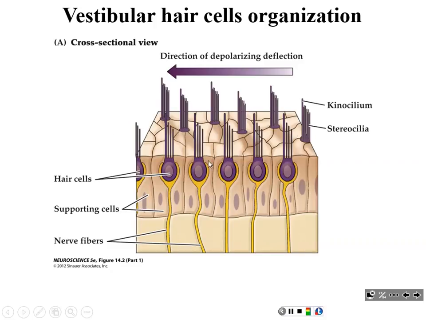Here is the structure. This is a cross-sectional sagittal view where you can see the hair cells with the stereocilia and the kinocilium, all of them oriented in one way, and all of them innervated by afferent cells. Surrounding them, we have supporting cells.